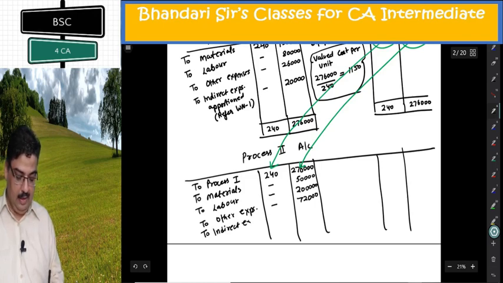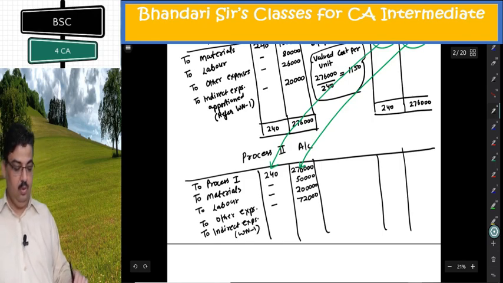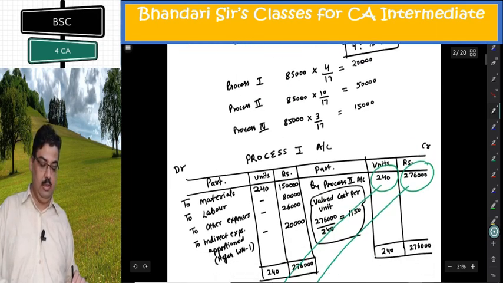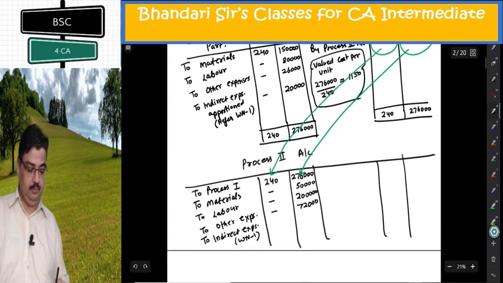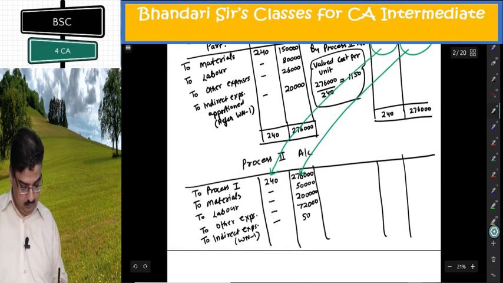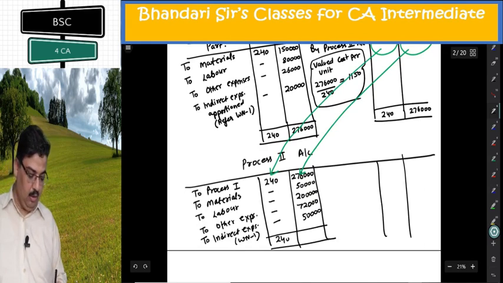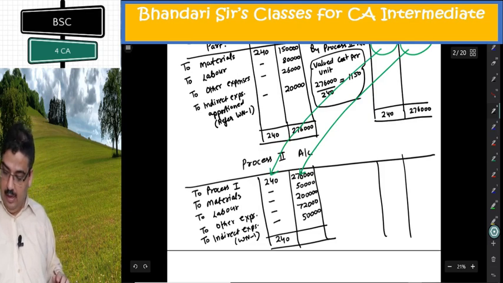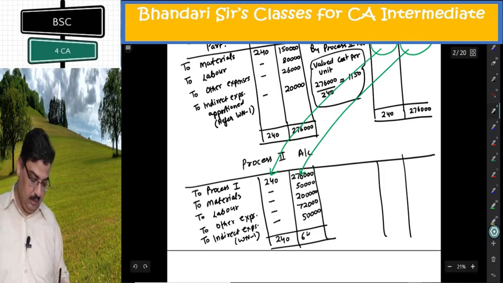To indirect expenses apportioned, working note 1, we computed for the second process how much? 50,000. I add them all, 240 units and rupees 6,48,000.